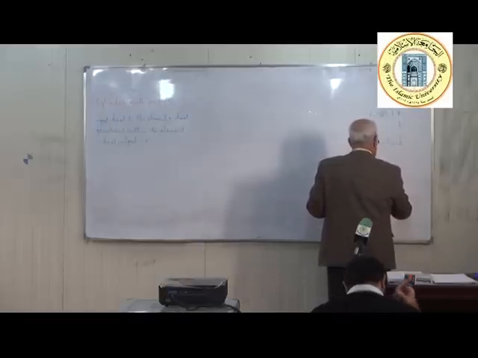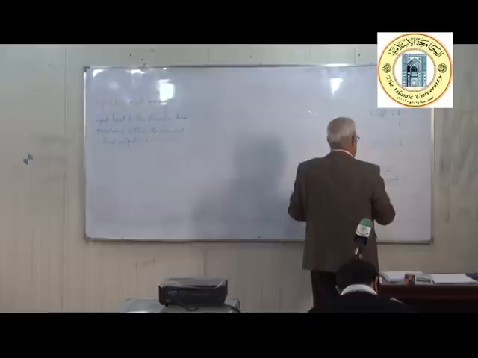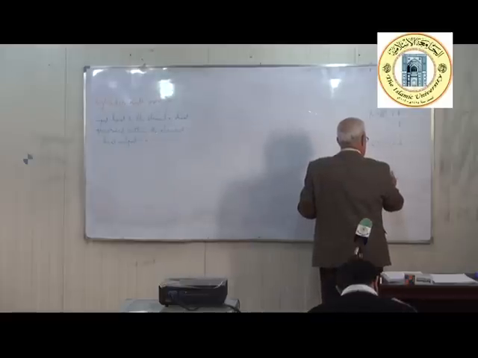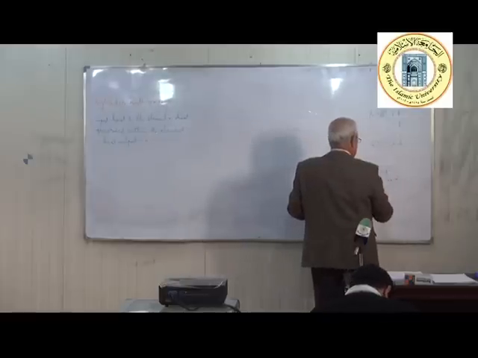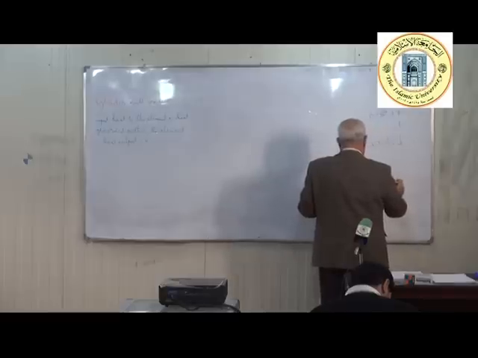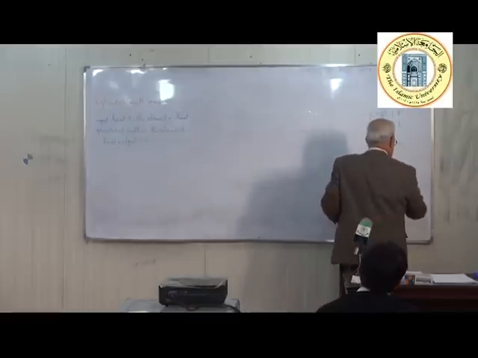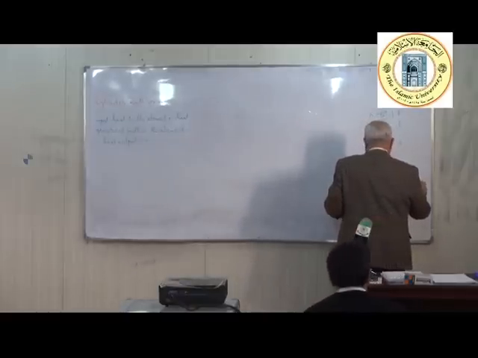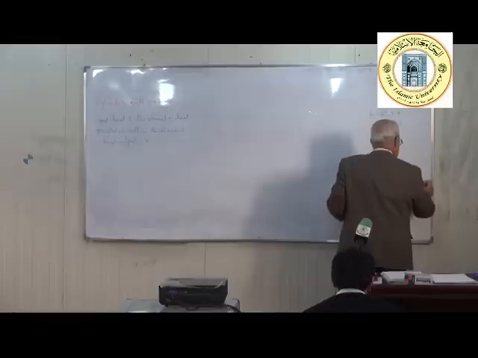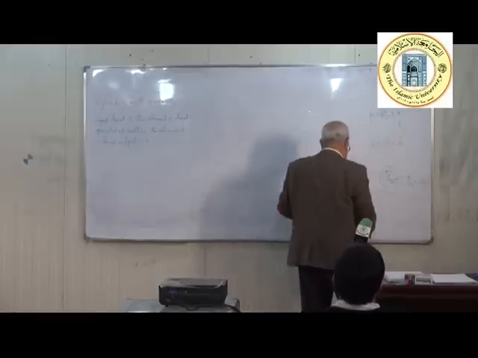QR heat inside, radius of the inside of the element R, and the heat out of this element would be QR plus dQR.